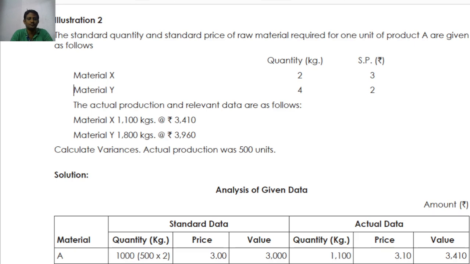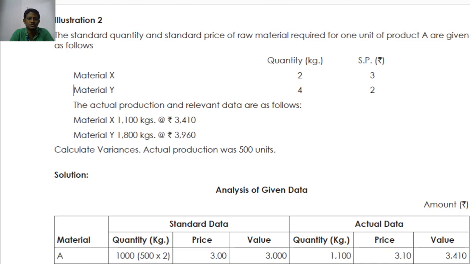Okay, actual production, you come to the actual production. You just go through. Material X, they spent 1100 kgs. Material Y, they spent 1800 kgs. And the amount is also given, 3410 for material X, 3960 for material Y. And what is the production?